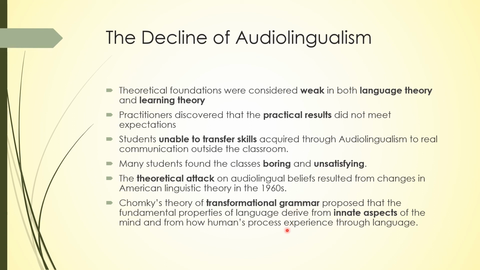And last but not least, the invention of transformational grammar, also known as transformational generative grammar or TG grammar, where Noam Chomsky theorizes that there is an innate ability in the language learner, by which the mind of a language learner is already developed with the fundamental properties of a language. So there is a global structure in there, and that is how humans process experience through language. That's how any human being learns a language.